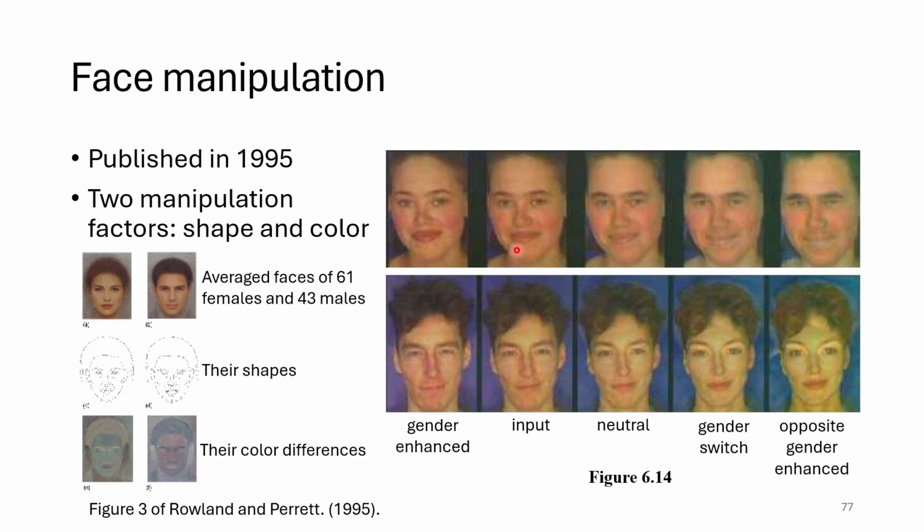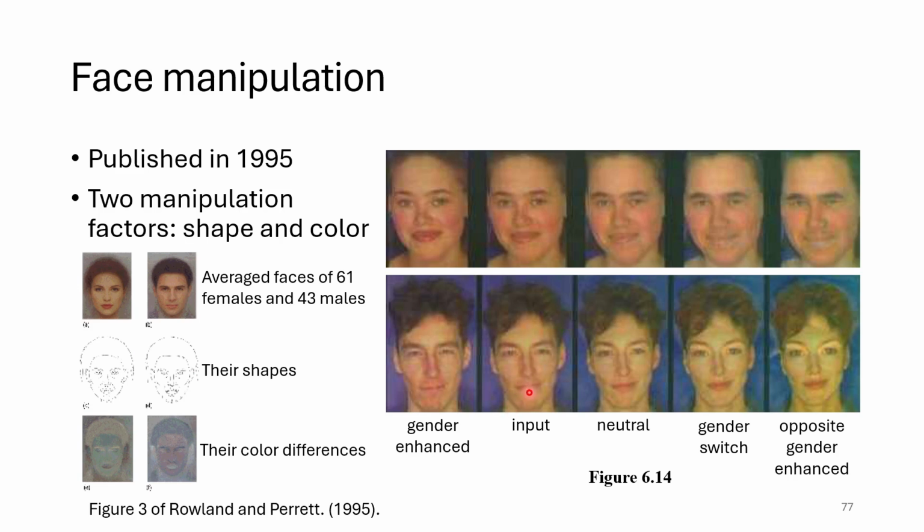Given this input image, they can adjust the image by the factor of gender. Comparing this image and this image, what do you see as the difference? The lip becomes redder, and the skin becomes yellower or something else.